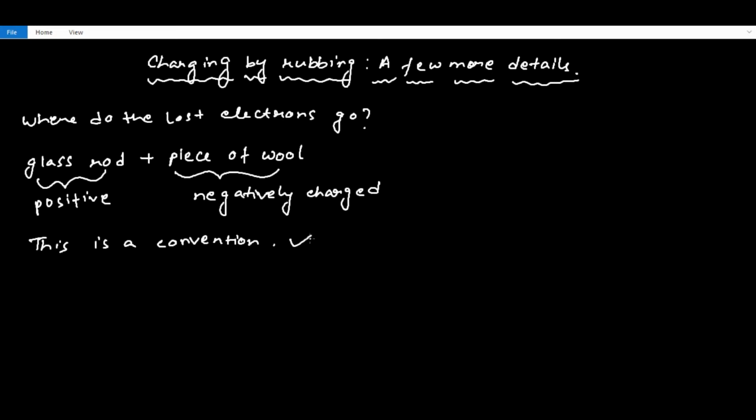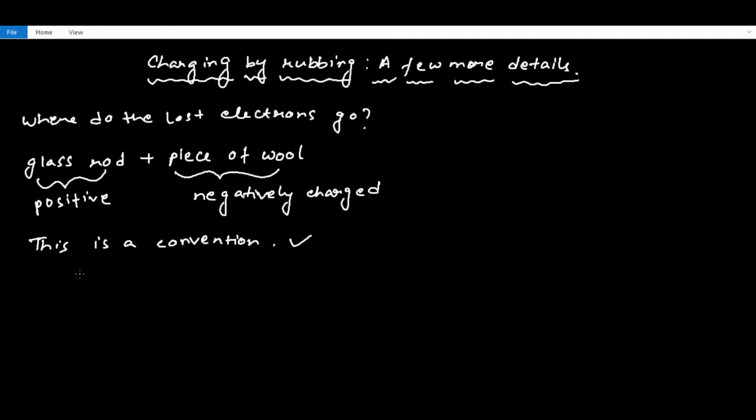There is a lot of theory behind why the glass rod is positively charged and why the piece of wool is negatively charged. For example, if I give you two very different items and I tell you to charge both of them by rubbing, so you rub one against the other, and then you hand the two items to me, saying here you go, both the items are charged.